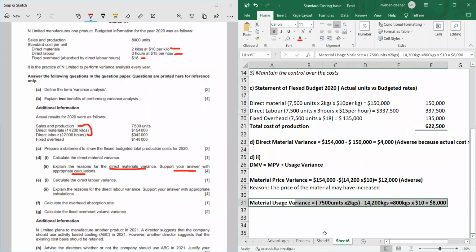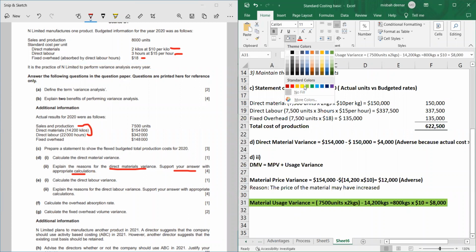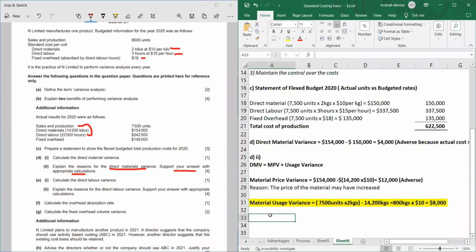So what I have done here, let's understand. See, we have actually consumed 14,200 kilos, and our budgeted usage was 15,000.